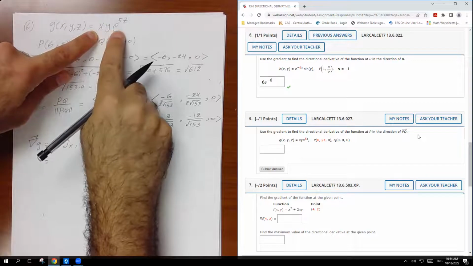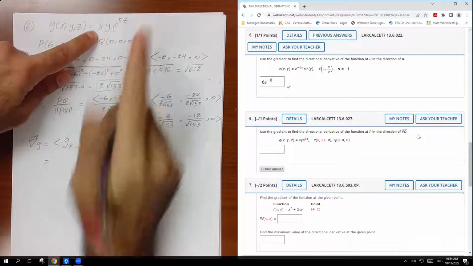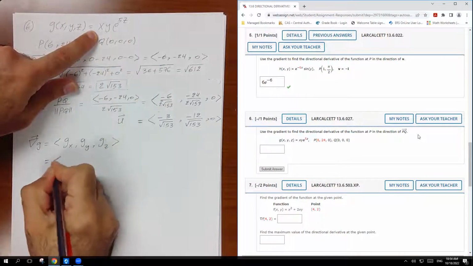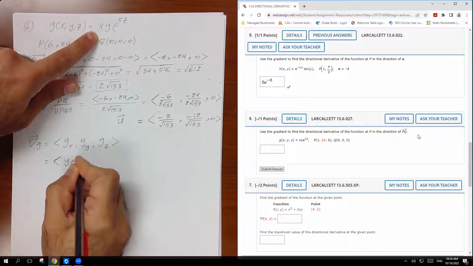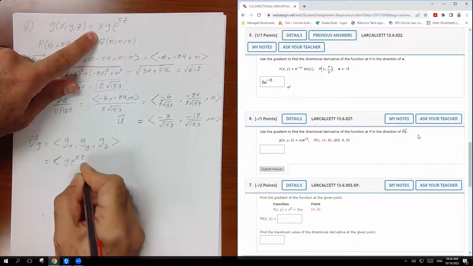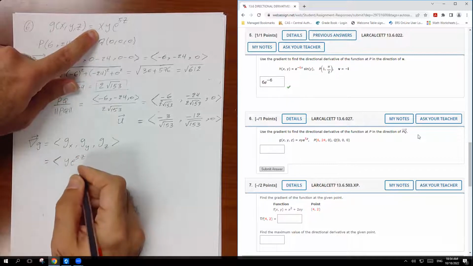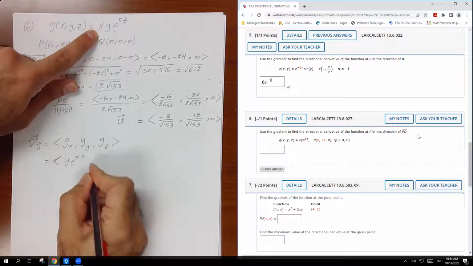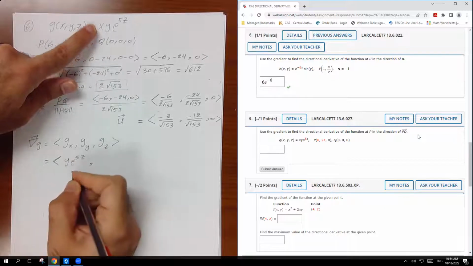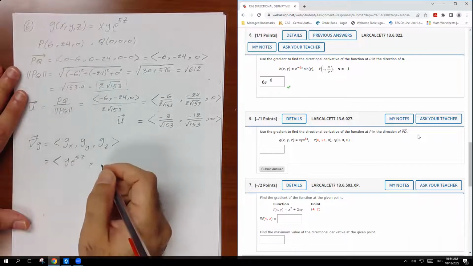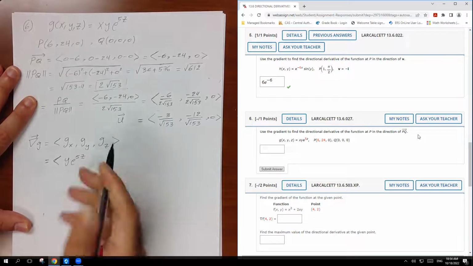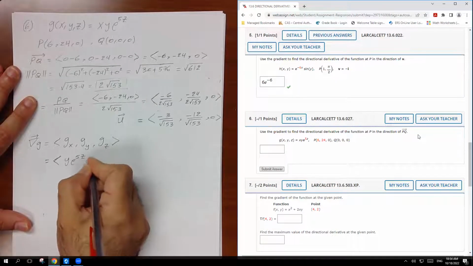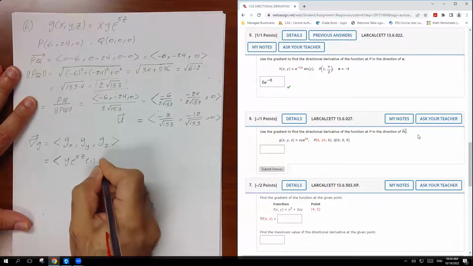That means y and e^(5z) is a constant. So the result is going to be y e^(5z), because the derivative of x is 1. If you want to do the chain rule, it's going to be the same thing, times 1, which is the derivative of x.